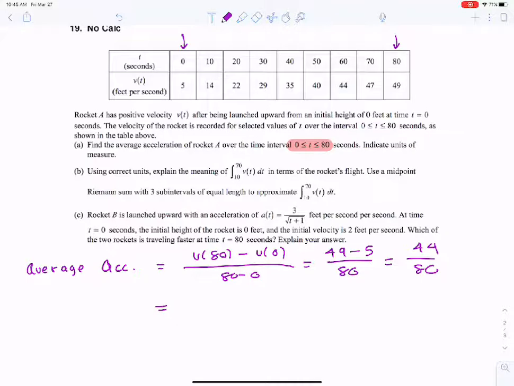You could have actually stopped right there, but I'm going to keep on going. I'm going to get 11 over 20, and our units are feet per second squared. Okay? In regards to letter A, see if you have any questions.